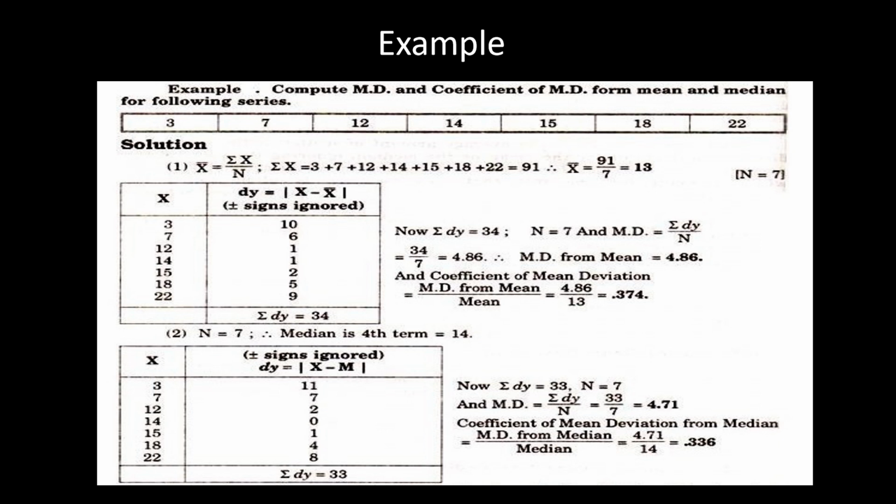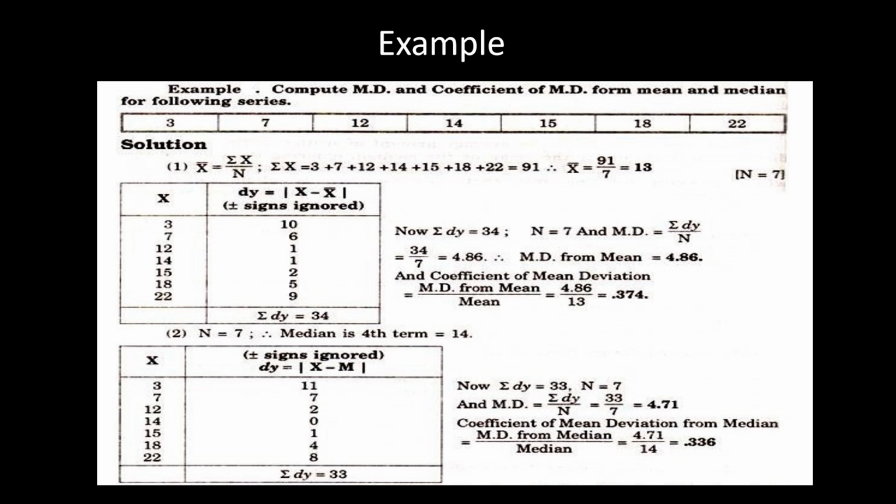That is modulus of x minus x bar, where x is the given variable which denotes the data values. So here we find the deviation for every observation. These deviations should be absolute, that is, the sign should be ignored. So 3 minus 13, the first value, is minus 10. As we are finding the absolute deviations, it becomes 10.